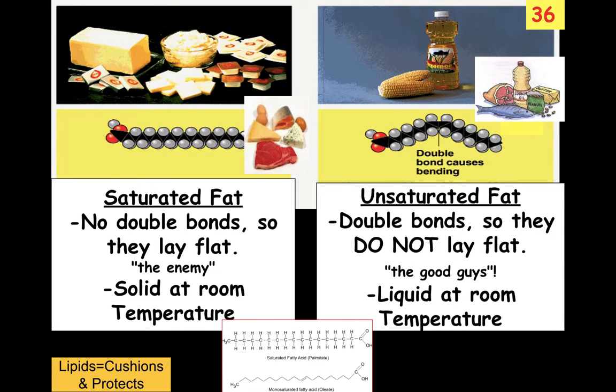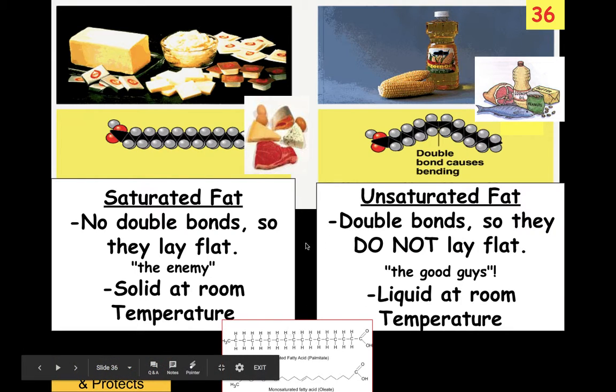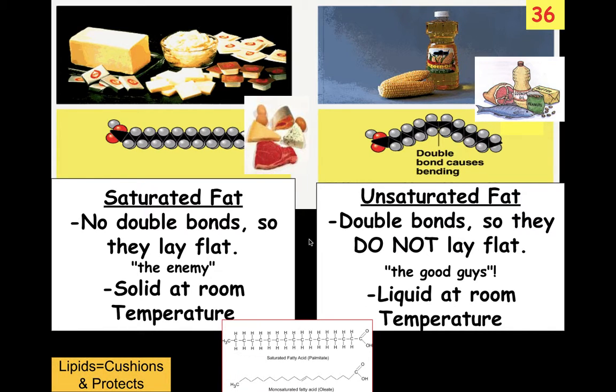There are two kinds of fat. There's saturated fats and unsaturated fats. When we talk about saturated, we mean every possible space around the carbon atom is filled up with a hydrogen. So there's no double bonds because every one is filled up.